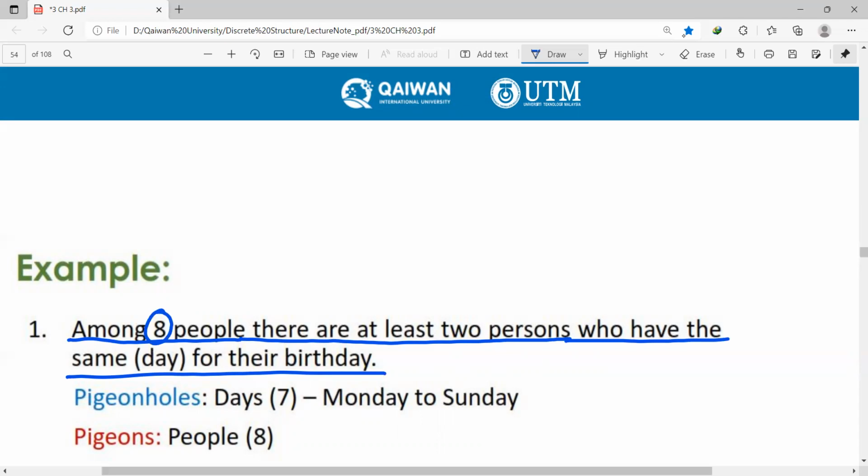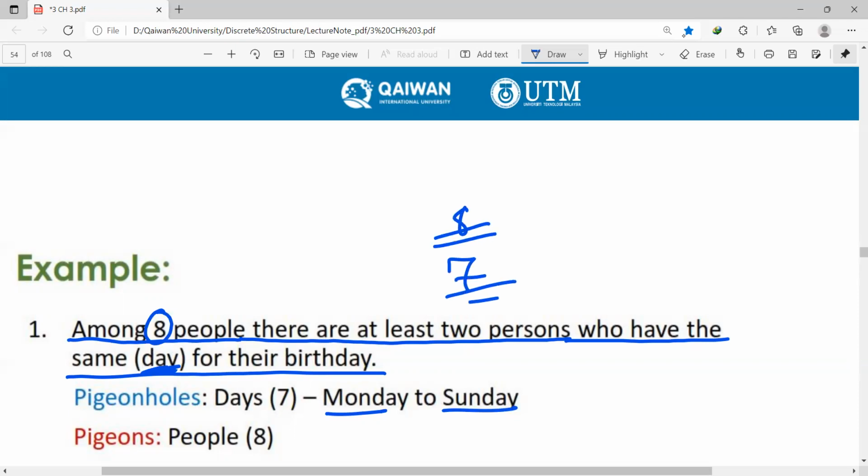Among 8 people, there are at least 2 persons who have the same day for their birthday. That means it's talking about the number of days in a week, from Monday to Sunday. So here we have 7 and 8.